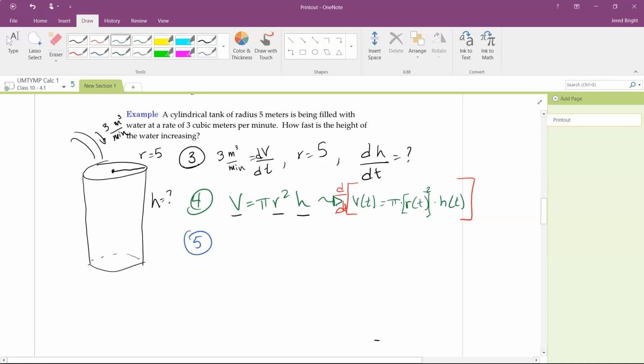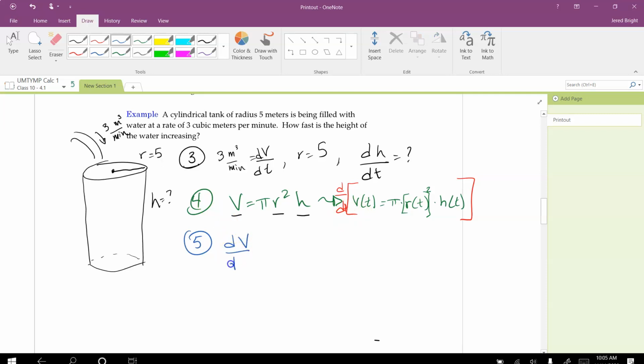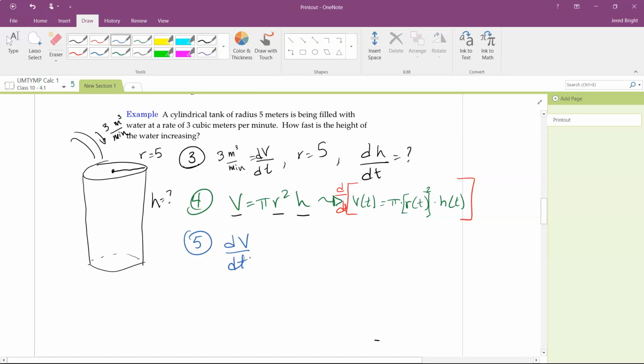Okay, so then when I apply a time derivative to volume, I just get 1 times dV/dt using implicit differentiation is equal to, and then there's going to be a pi. Oh, I have a product here, so I have to use the product rule. So I do 1, r of t squared times the derivative of h, so that would just be 1 times dh/dt.